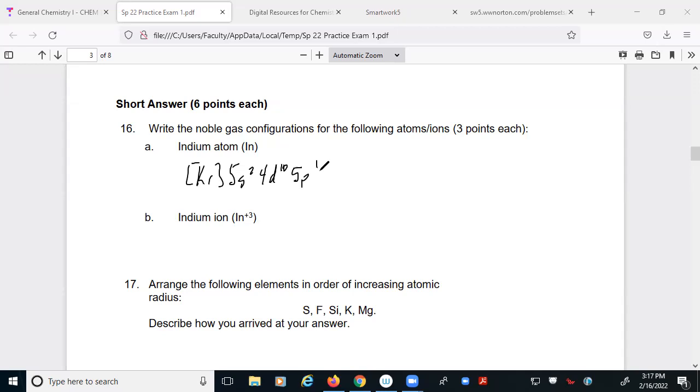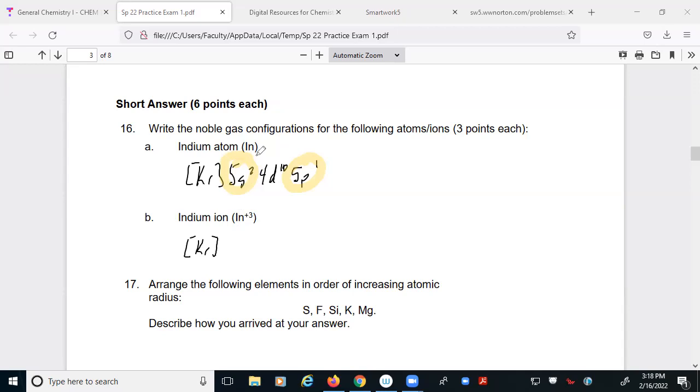Now, the reason I chose this particular example was this isn't an exception in terms of the normal configuration, but it is an exception in terms of the ion, because indium, like any other atom, is going to go by that rule where we remove electrons from the outermost energy level first.